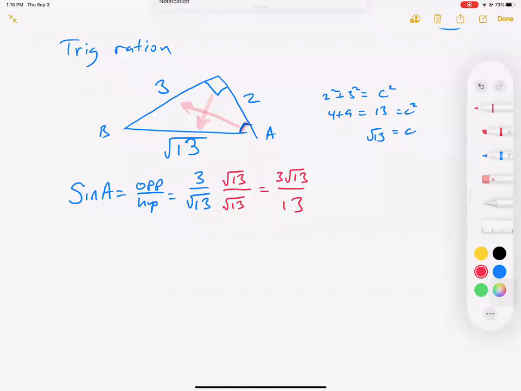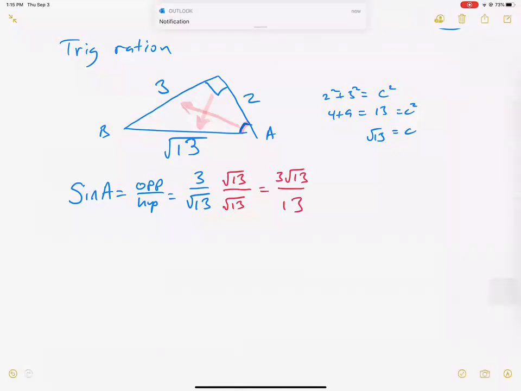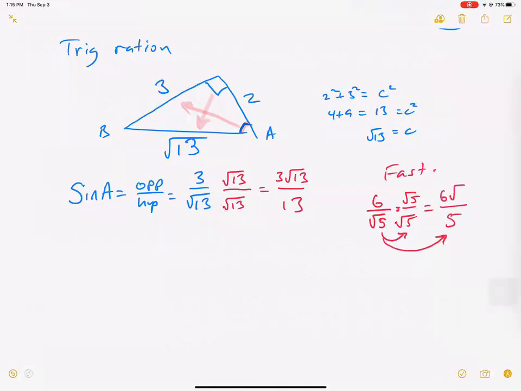Now, there's a fast way of doing this, and let me just show the fast way real quick. If you guys forgot, there's a trick to it. If I say 6 over square root of, let's say, 5. Since you don't want the square root of 5 on the bottom, you're going to multiply by square root of 5. Now, I want to show you the pattern. Since you are going to multiply a square root by the same square root, that always just comes out, and the square root gets moved on top.